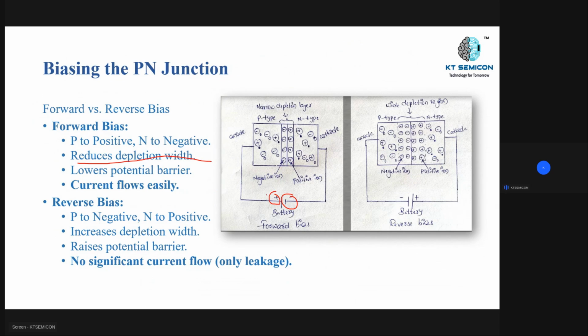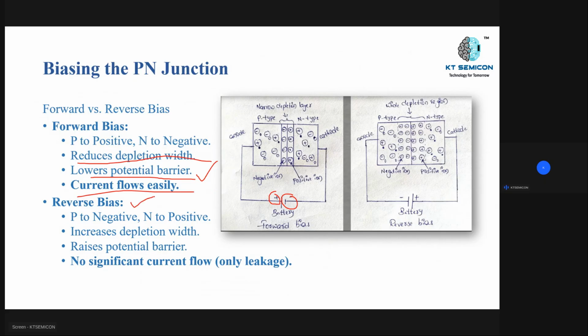Why? Because we are applying positive voltage at the p-type, and it lowers the potential barrier. At this time current flow happens easily because the potential barrier is lowered, right?